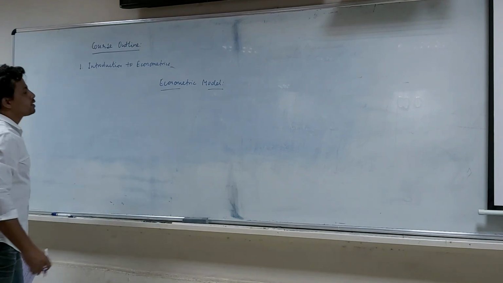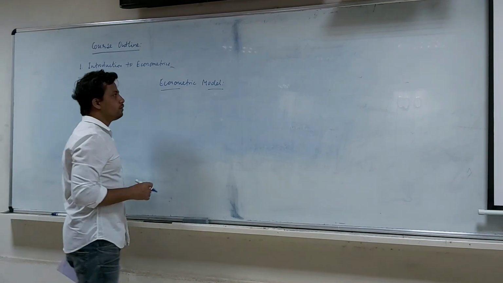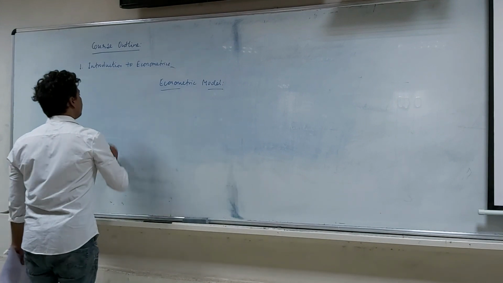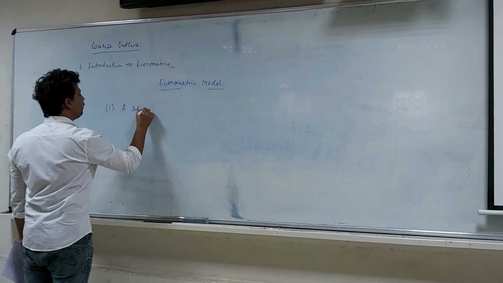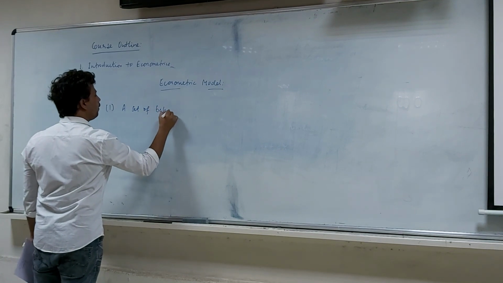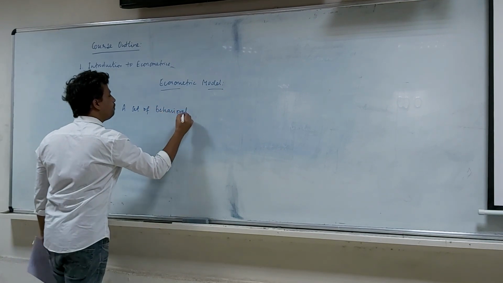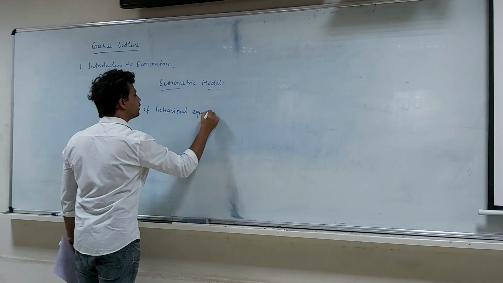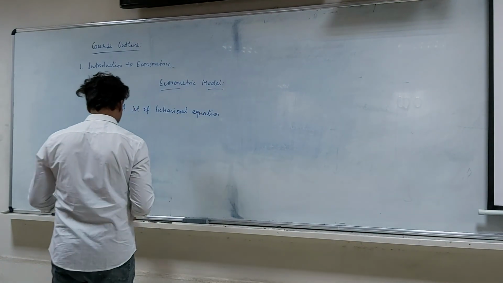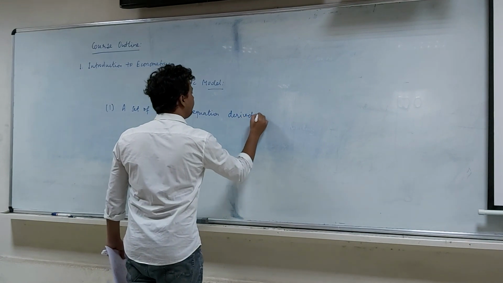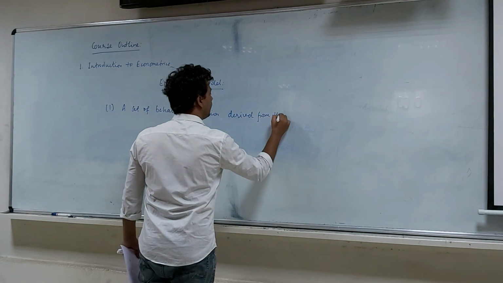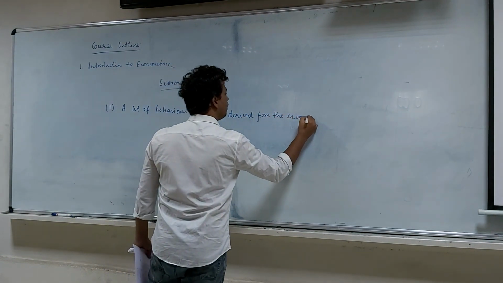An econometric model consists of three things. The first thing is a set of behavioral equations derived from the economic model.